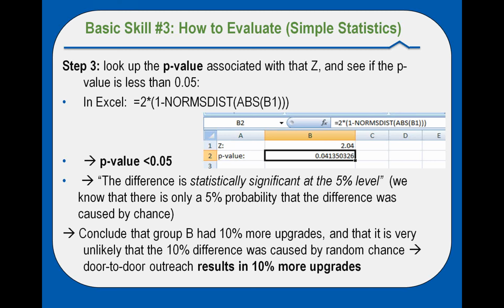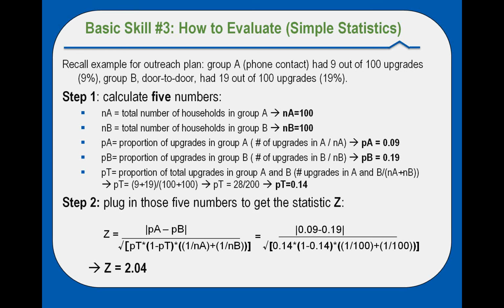Obviously, if you thought that the difference between those two groups was going to be much larger, so let's say you thought you were going to get a 50% increase in the number of upgrades with group B than group A, then you could have a smaller number of people. You can go back to the Z statistic and see where those numbers come in.